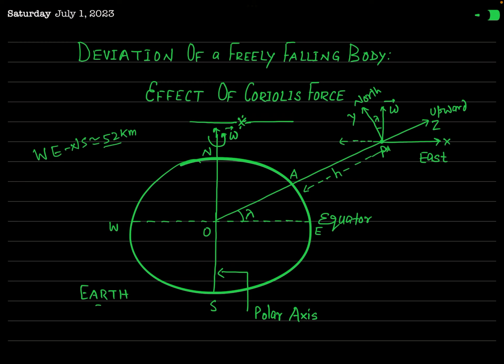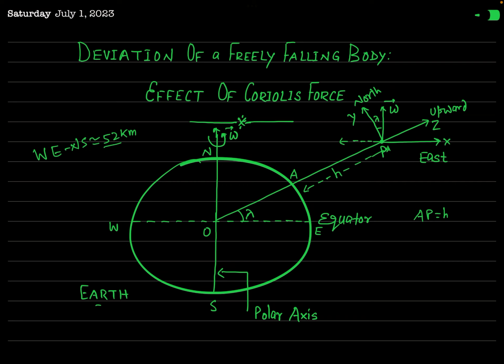Here is the point P, which is above the earth's surface at a height h. I have assumed that AP is equal to h. For calculation we take this point P as origin and construct a Cartesian coordinate system here.